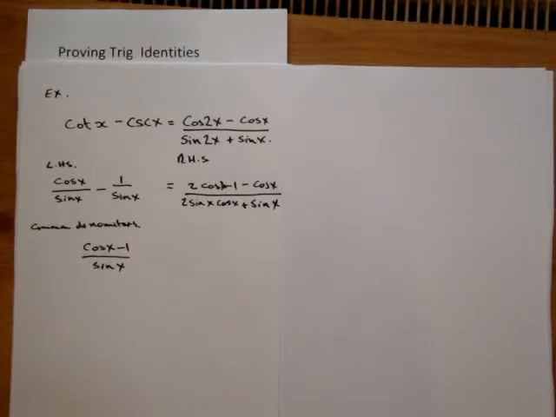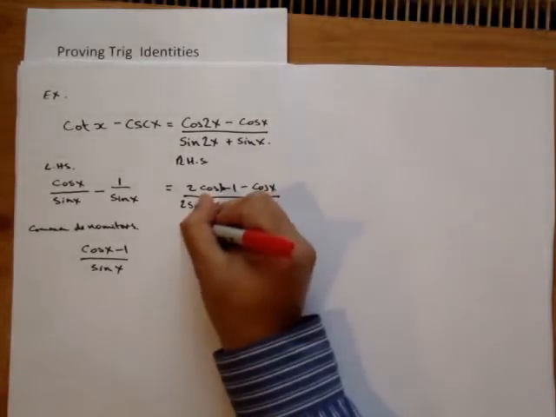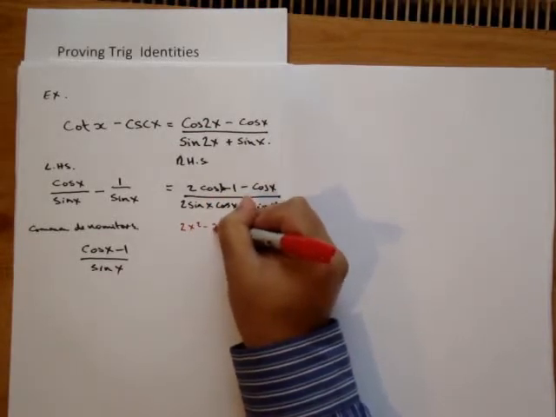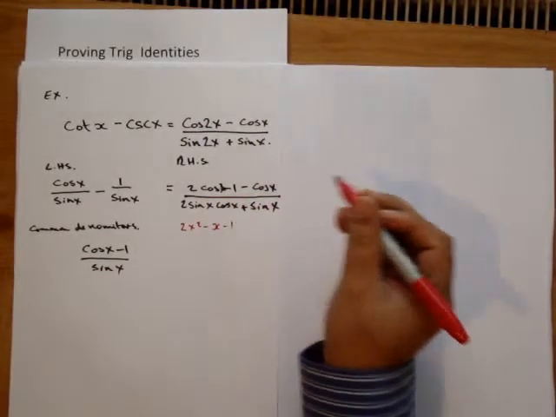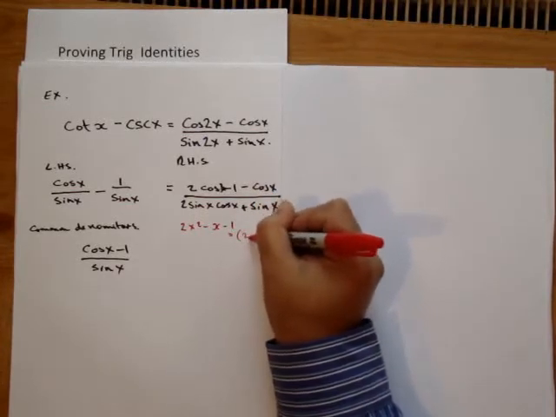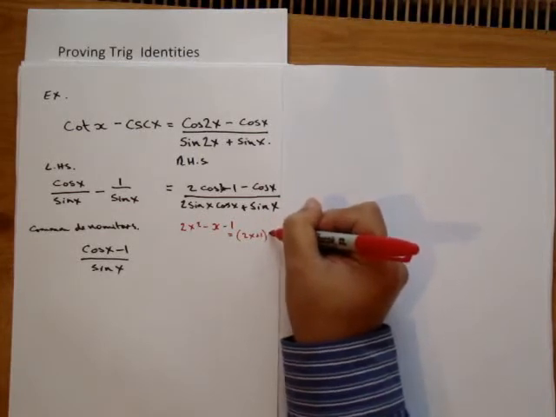Now when we look at this, the numerator is a quadratic, something like 2x squared minus x minus 1, and when we factor this we get 2x plus 1 and x minus 1.